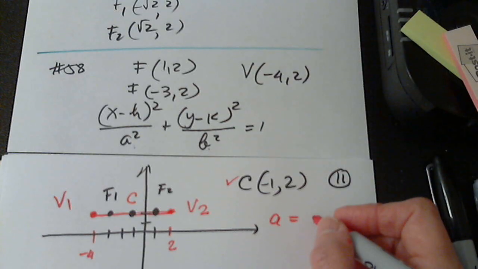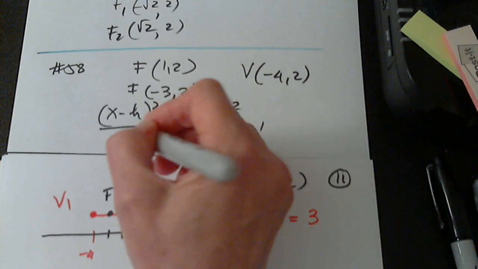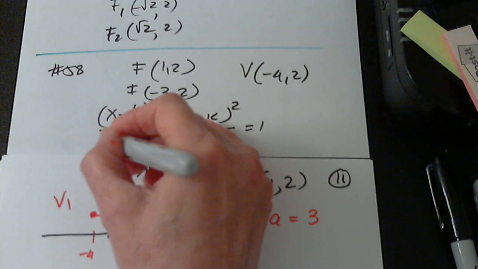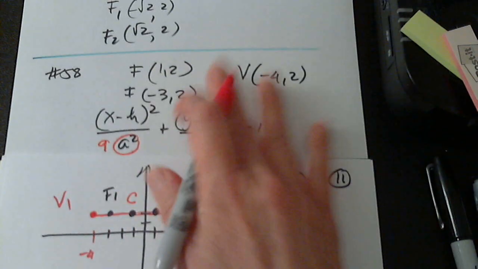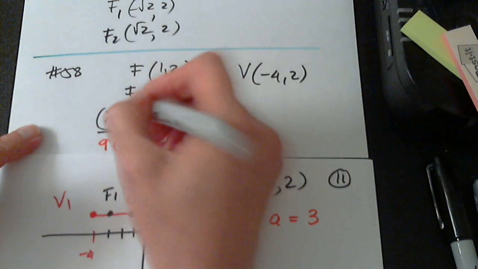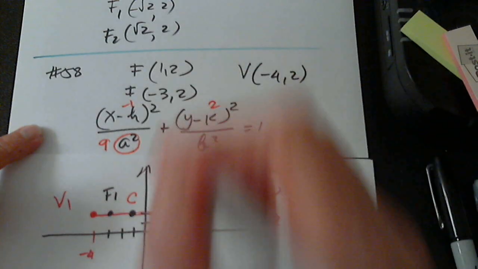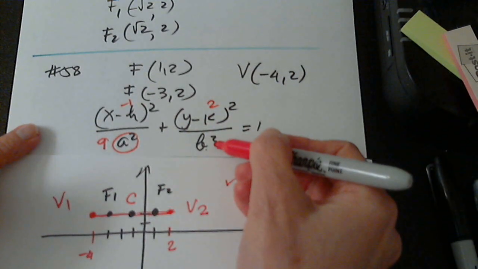How many units? 3. Perfect. So then this number is already identified to be 9, this number is negative 1, and this number is 2. All we need to determine is b.